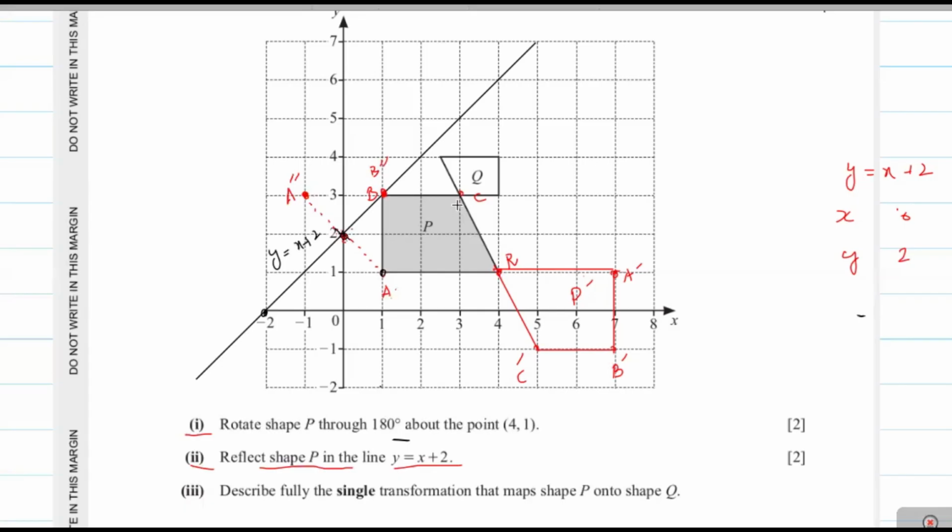Next is the point C, the third point, and this is the distance of point C from this line. Look here, this is 1 unit diagonally, and we take 1 unit diagonally on the other side. This will be the reflection of C, and we name it C double dash.